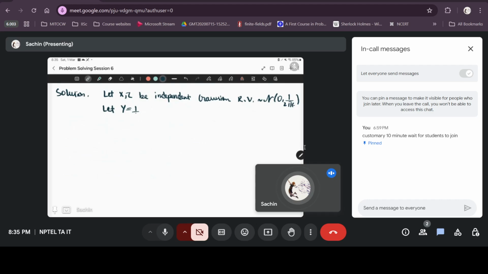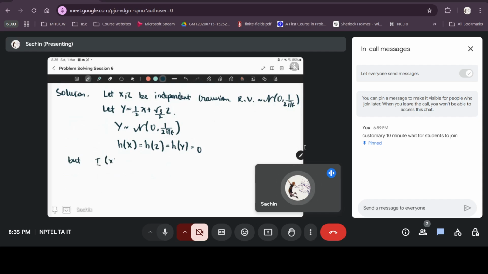Let y be half x plus root 3 over 2 z. Y is distributed according to N of 0, 1 over 2 pi epsilon. We have h of x is h of z, h of y is 0.